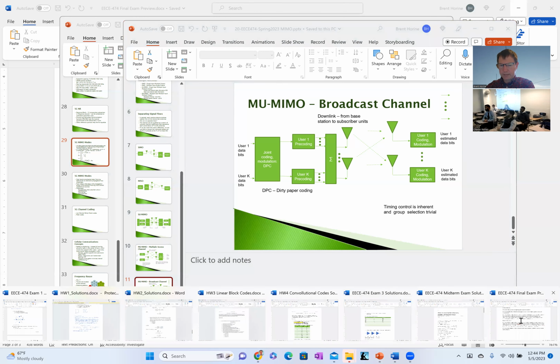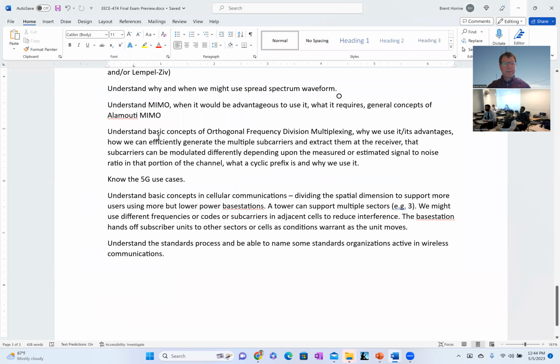All right, let's try to wrap up here. Understand the basic concepts of orthogonal frequency domain multiplexing. Here we're trying to send multiple narrowband carriers and see how close we can squeeze those together, right?